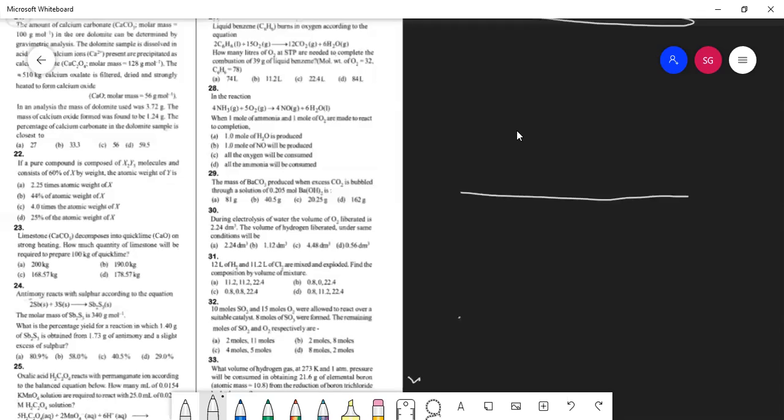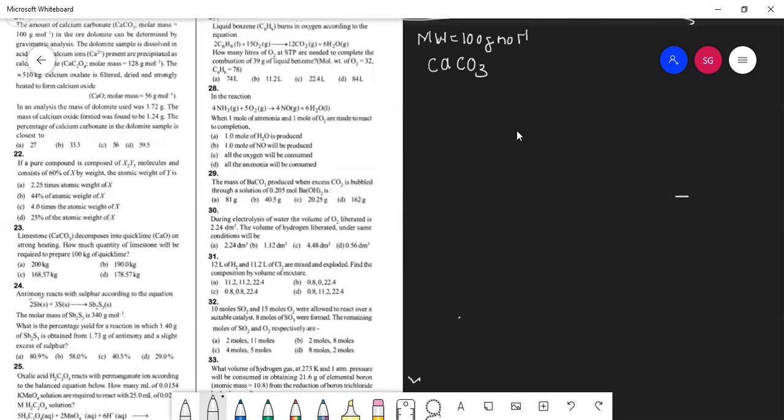What does the question say? The amount of calcium carbonate. Calcium carbonate is with us, with molecular mass 100 grams. I'll write down the information: its molecular weight is 100 grams per mole.